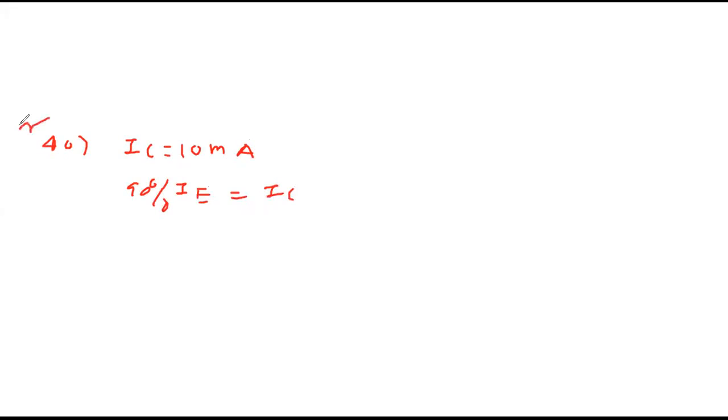Again, read carefully, very important word. Collector current is 10. If 90% of the electrons emitted reach the collector, so 90% of emitter becomes collector. Then find what is IE and find what is IB.